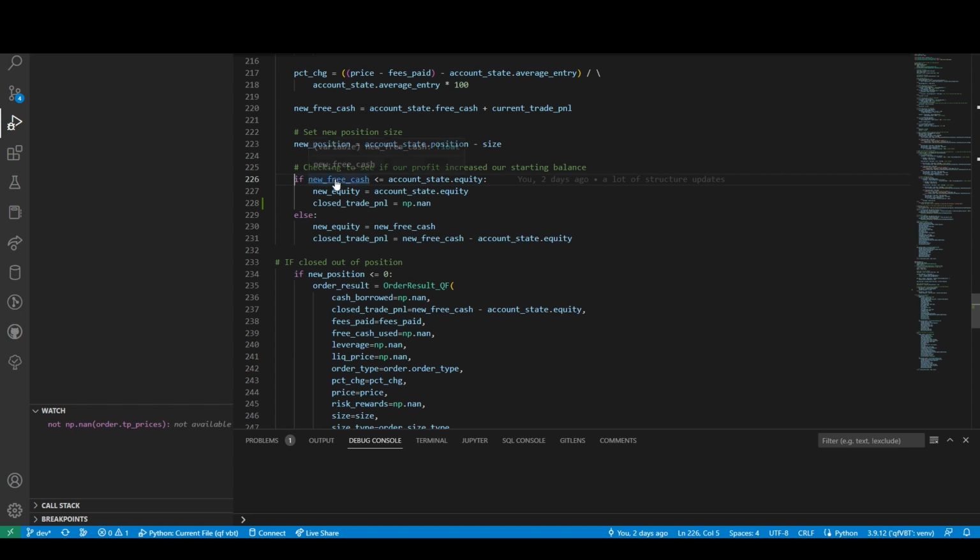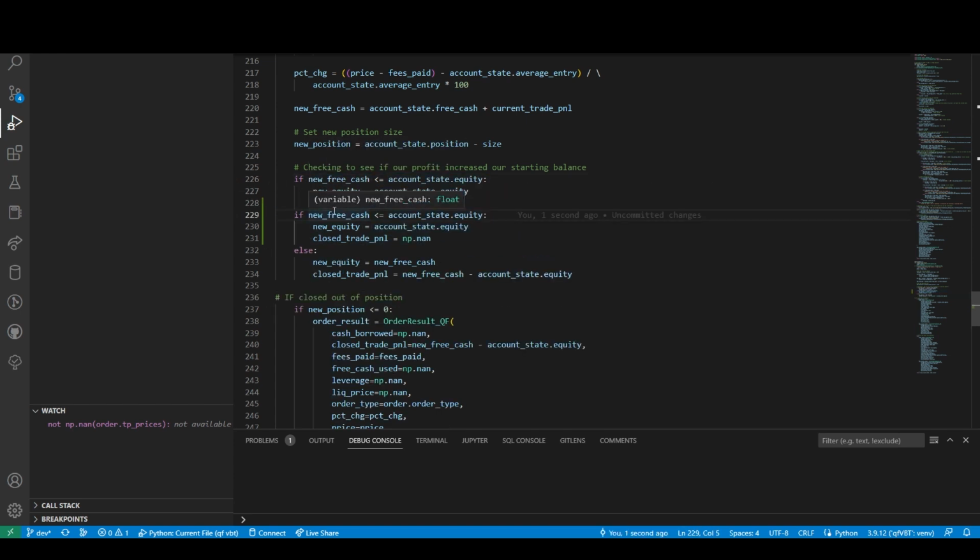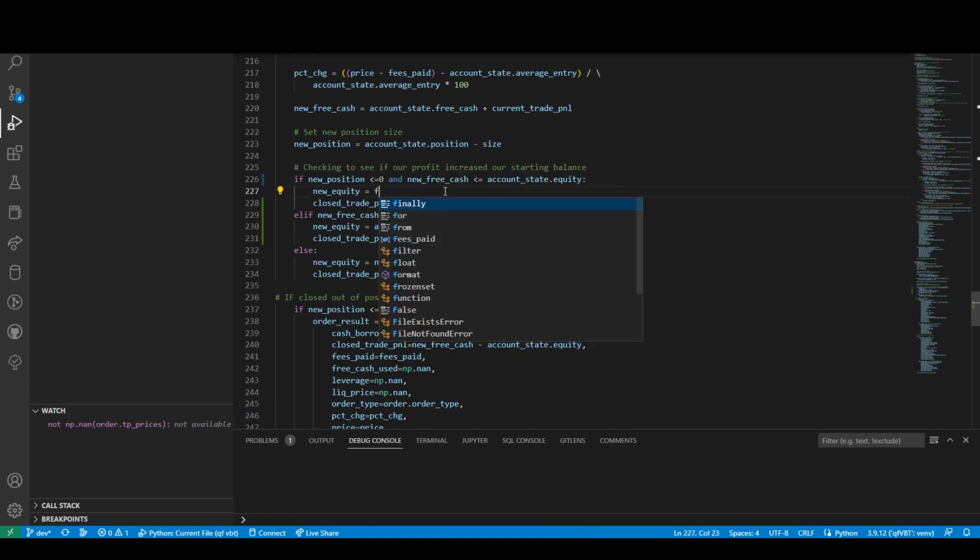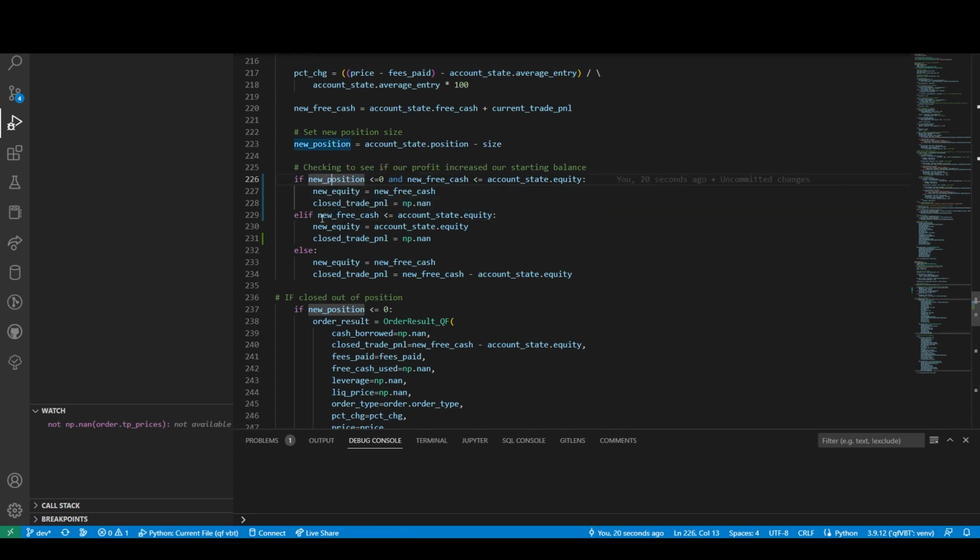I think I have no choice but to add if new position is less than or equal to 0 and new free cash, then we shall say new equity equals new free cash. If new position is less than or equal to 0 and this, then new equity equals this. Else, if new free cash is less than or equal to new equity, but we're still in a position, but this still exists, then that means we're still in a position, so the new equity still is the account.equity, and we did not close the trade.